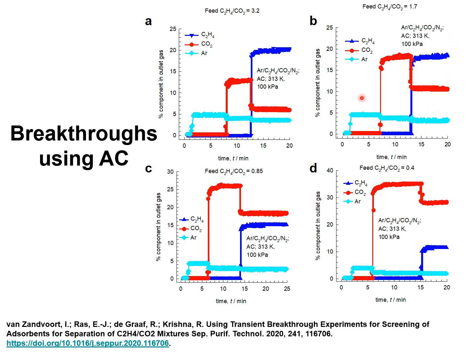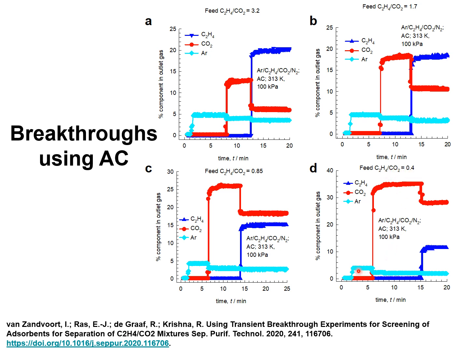Here the ratio of ethene to CO2 is 1.7, the ratio of 0.85 for ethene to CO2, and the last experiment is for feed mixtures that are richer in CO2 and poorer in C2H4, and the ratio of C2H4 to CO2 is 0.4.